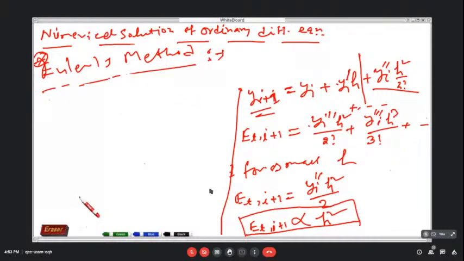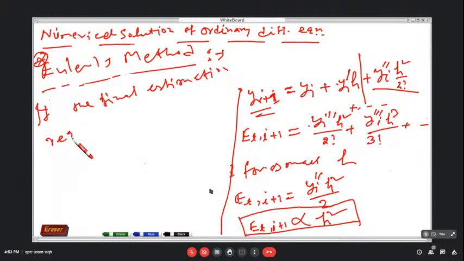So now let's say if the final estimation required 10 steps.